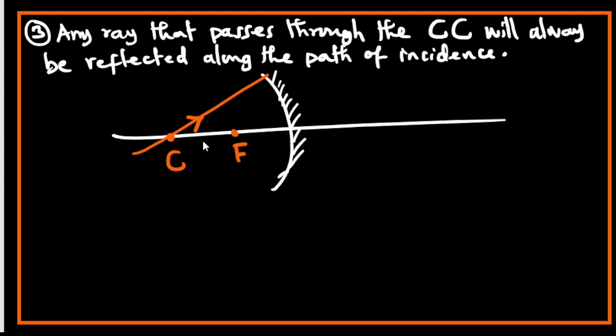The arrow indicates an incidence, right? It's telling us that there will be a reflection, but the reflection will still go back along the path of incidence. Let me use a different arrow for that. The reflection will go back in this manner along the same path of incidence. Can you see that? So incidence and reflection are along the same pathway. The only difference is the direction of what? Of flow.